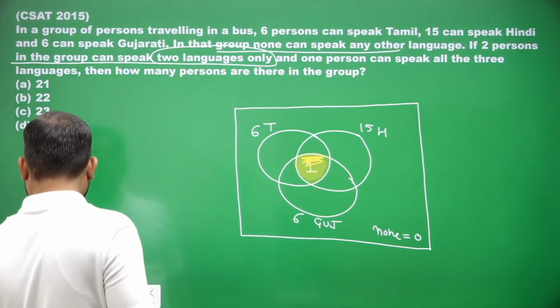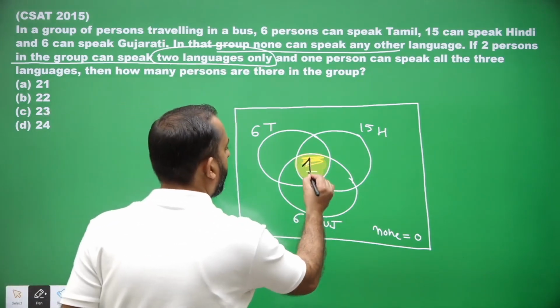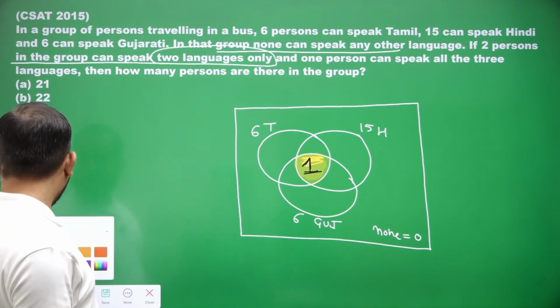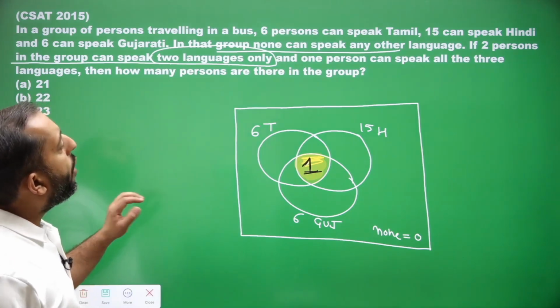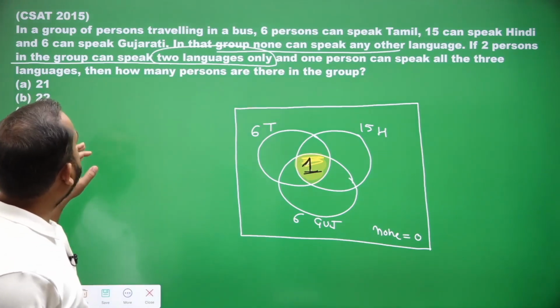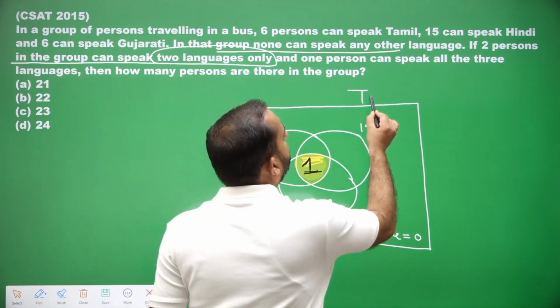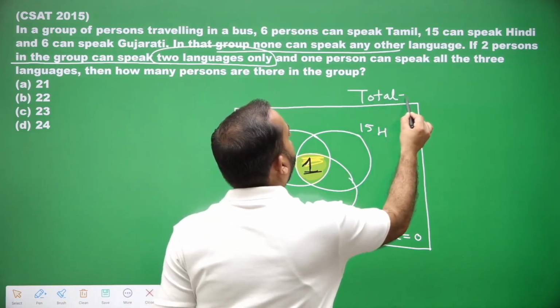Okay, it is given. Now, what else do we have? 1 person can speak all the 3 languages, then how many persons are there in the group? So for this particular question, we are looking for the total number of people.